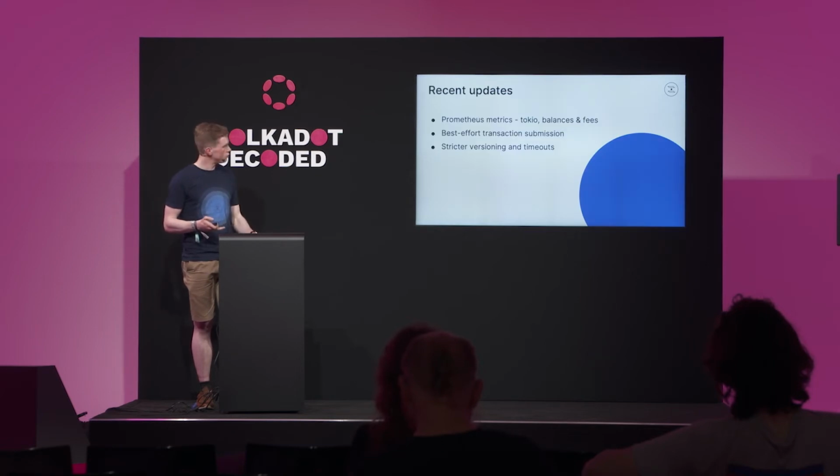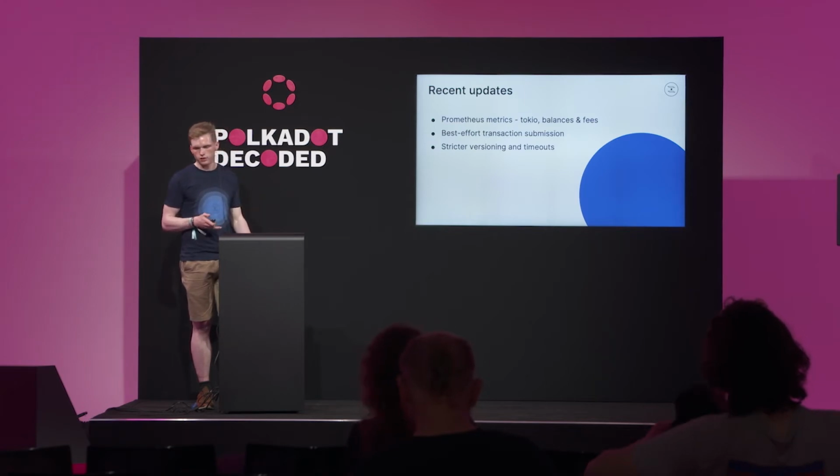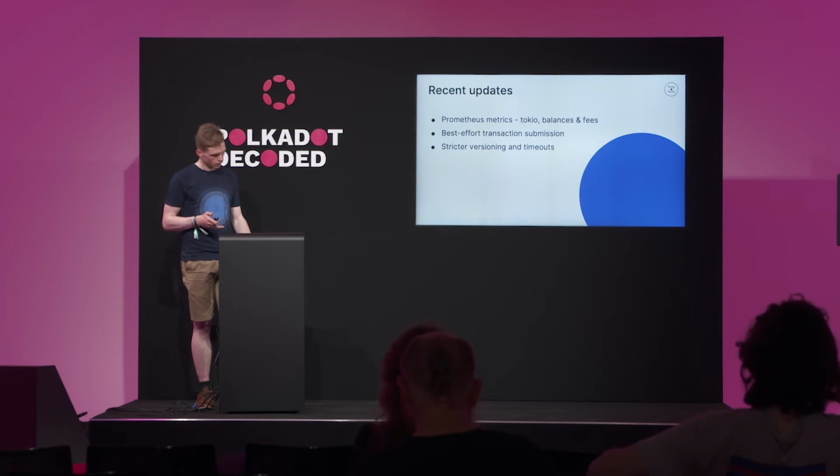We're doing some more interesting stuff at the moment. We're adding, like with Substrate, Prometheus metrics, so vault operators can monitor exactly what their vault is doing. We also have a new kind of best effort transaction submission policy based on user feedback.